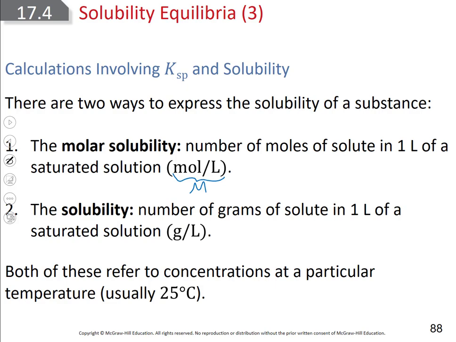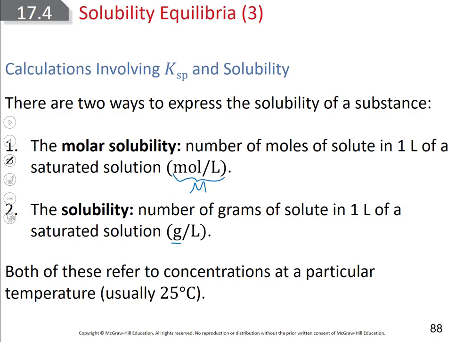So a more useful number used often is just the solubility. Solubility is how many grams dissolve per liter. It's the same idea, we're just going to use grams in the numerator instead of moles. Now, again, how do we convert between moles and grams? What do we use to convert between moles and grams of a compound?